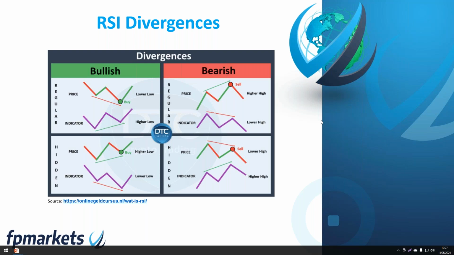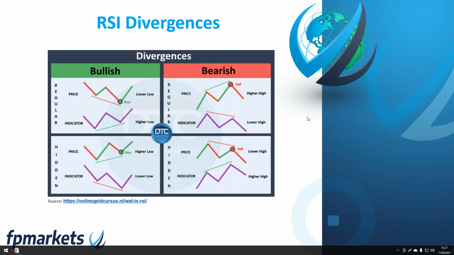As you can see, there are 4 common divergences newer traders must be aware of. We have bullish and bearish regular divergences, and we also have what's known as hidden bullish and bearish divergences. Although this diagram may seem somewhat complicated, I hope in a few minutes that will not be the case.